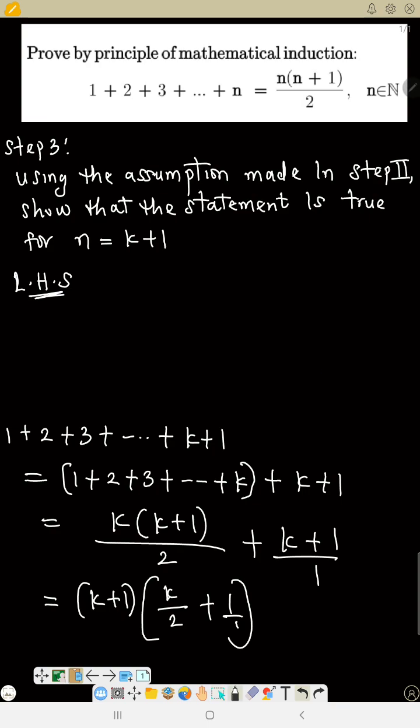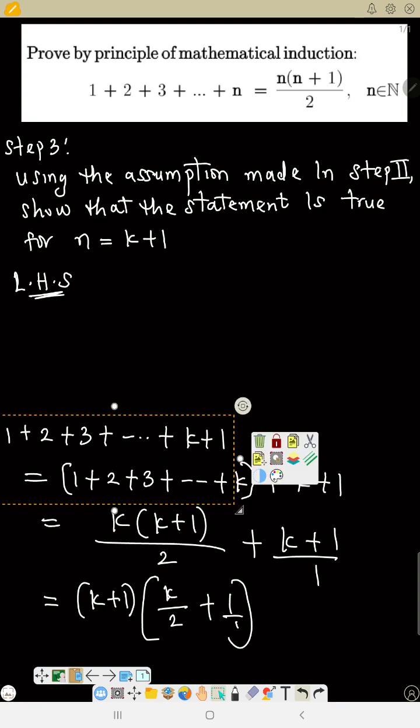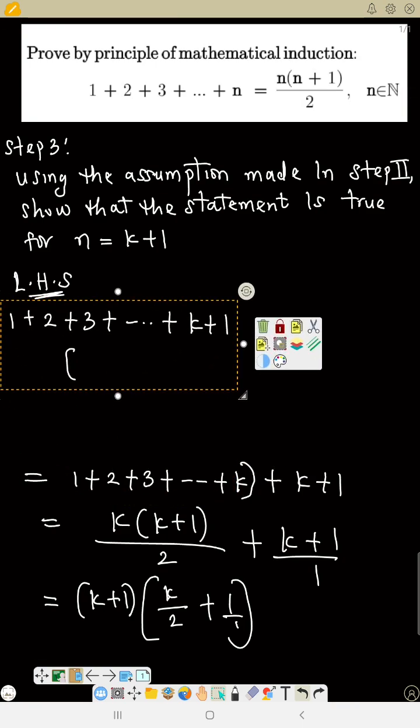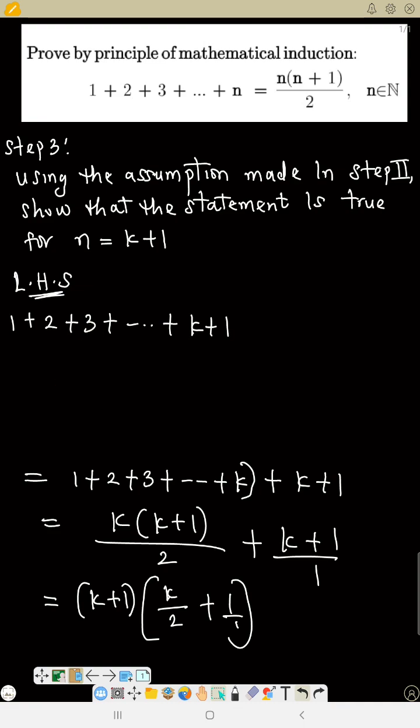The LCM here in the brackets is 2. So that will be 2 into 1, and 1 times k plus 1 into 2, 2 times 1, 2. That's what I will have there.